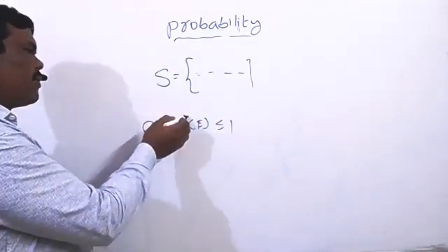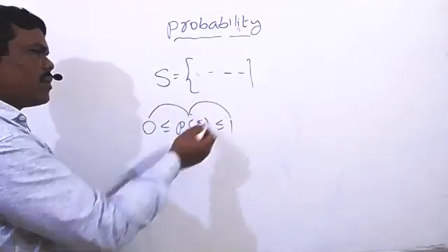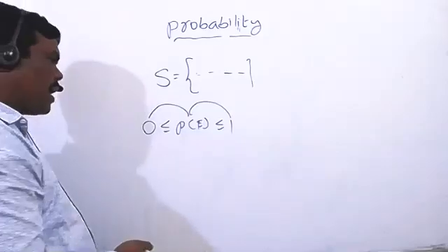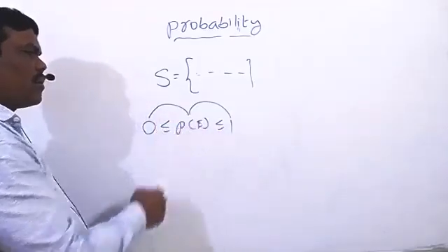That means the probability of an event is equal to 0, or equal to 1, or it lies between 0 and 1.